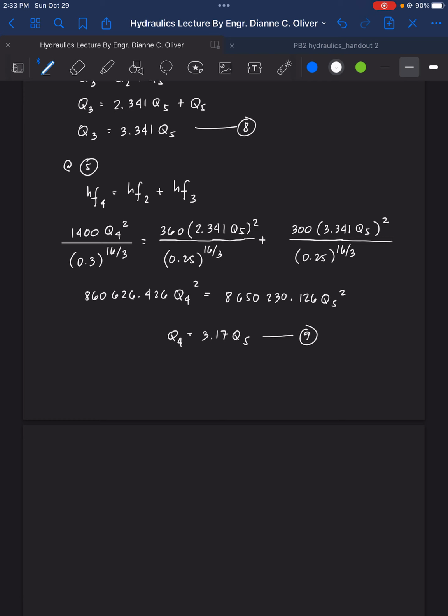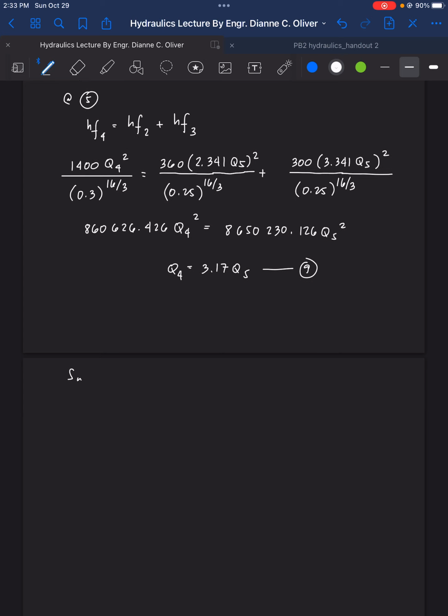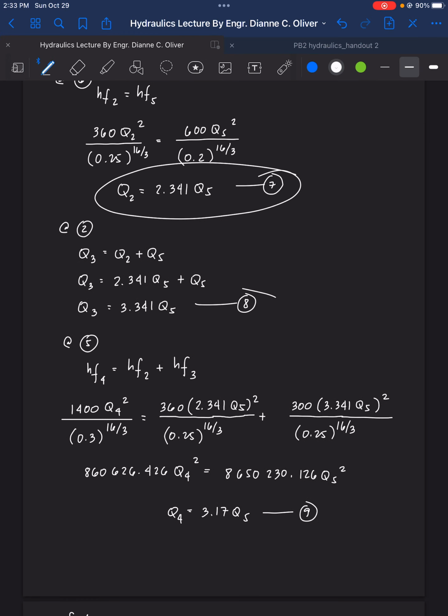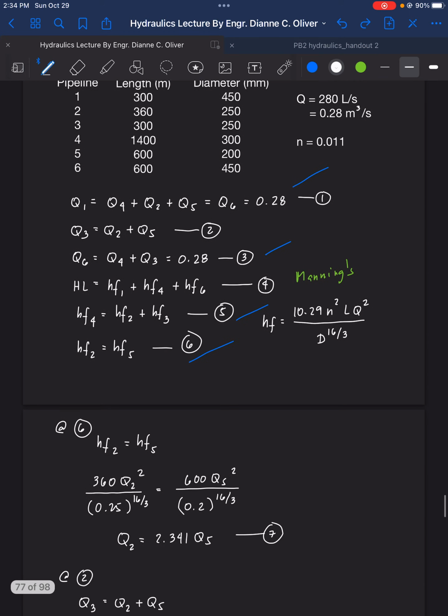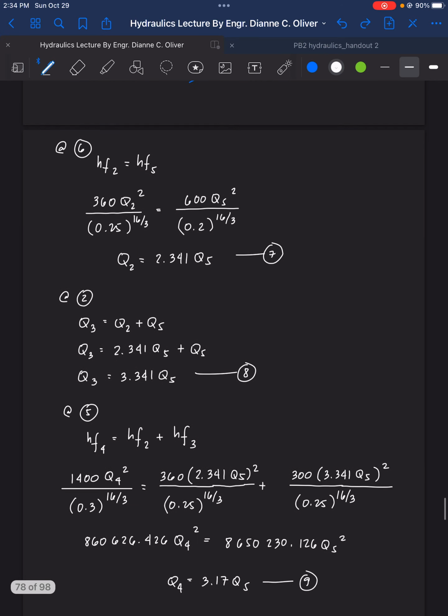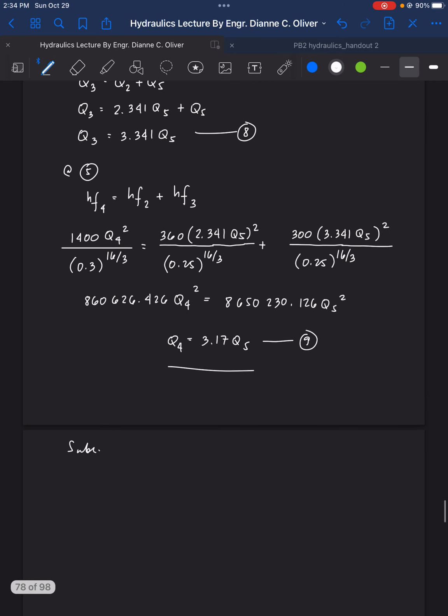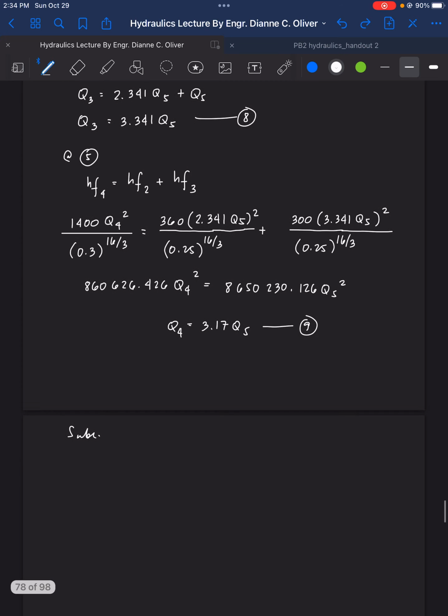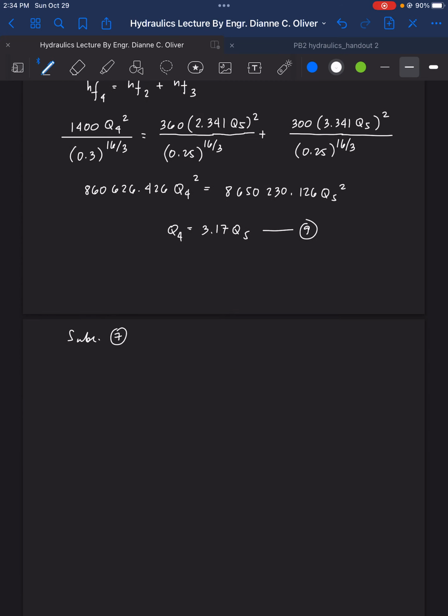So using this Q4, let's now substitute. No, it's just only 7 and 9 for equation 1. So substitute 7 and 9 to 1.